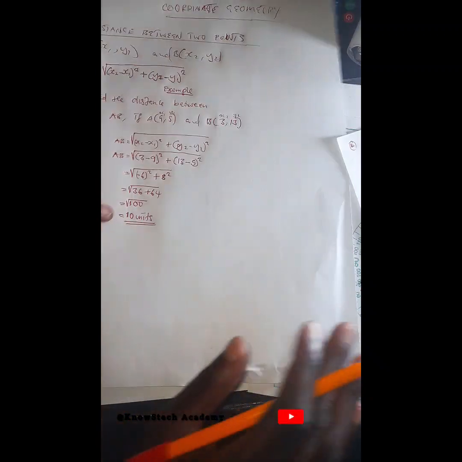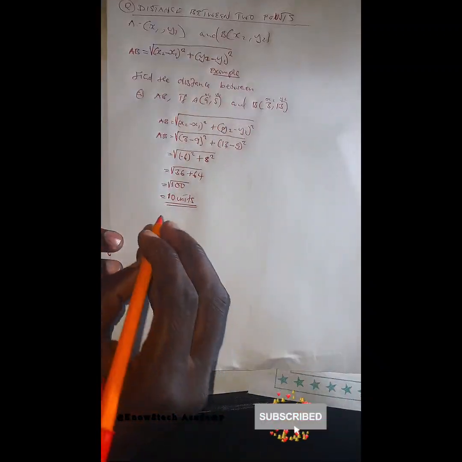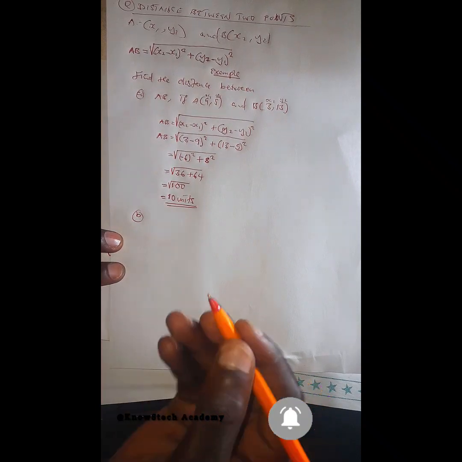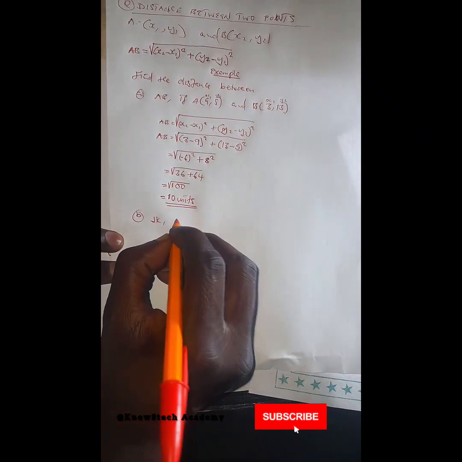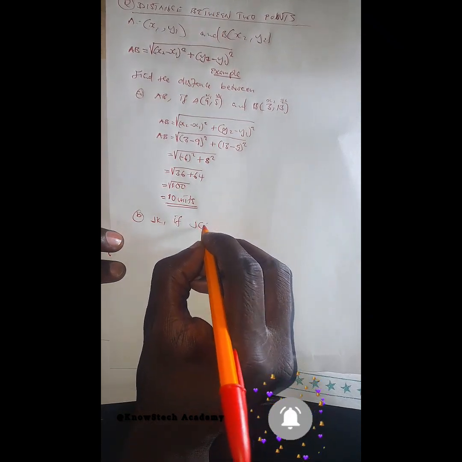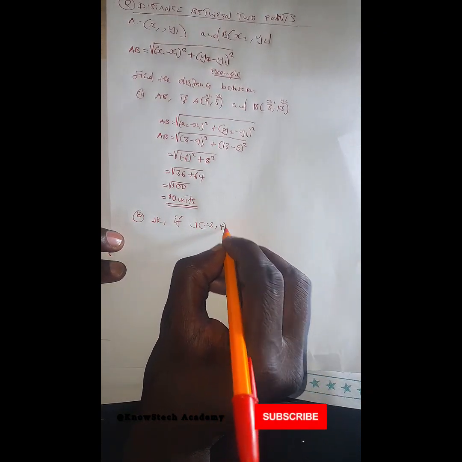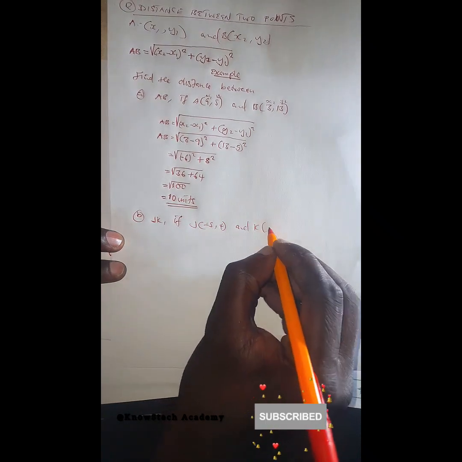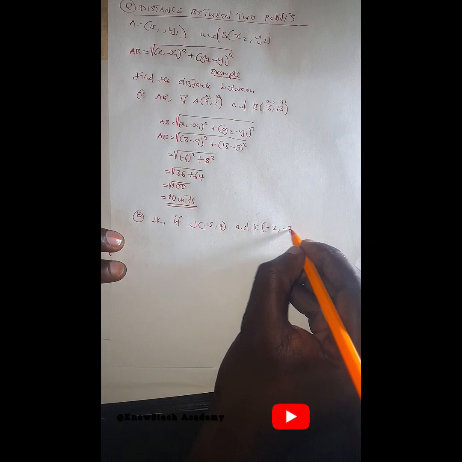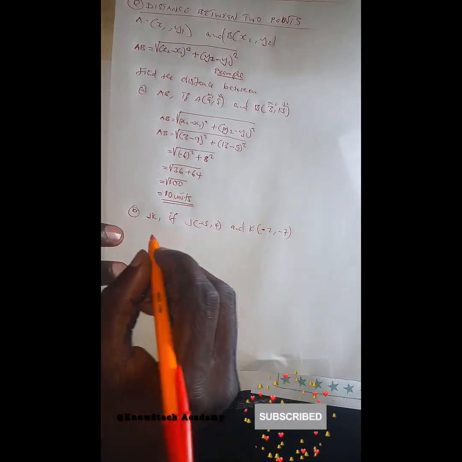Let's look at the second example, so that we become familiar with the distance between 2 points. Let's say we are given JK, if J is (-5, 4) and K is (-2, -7).